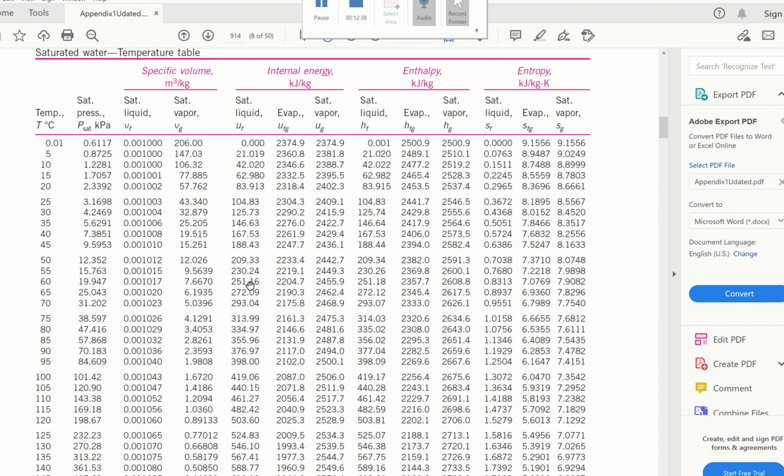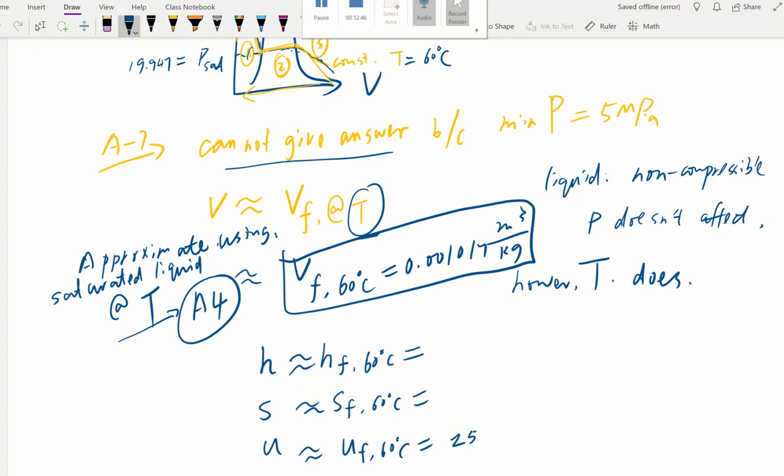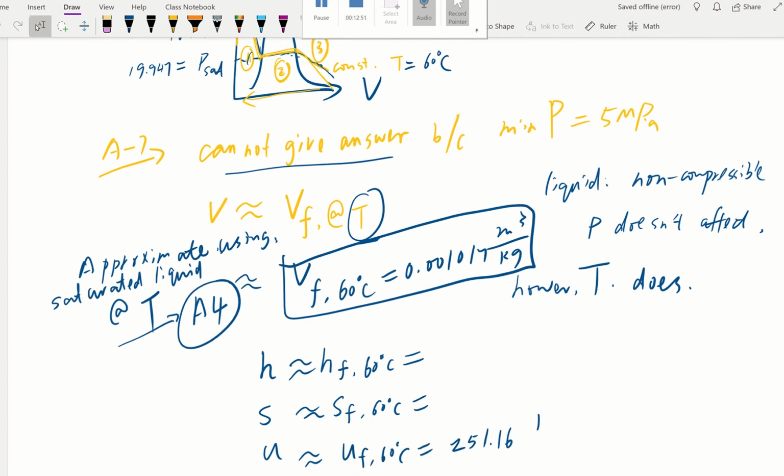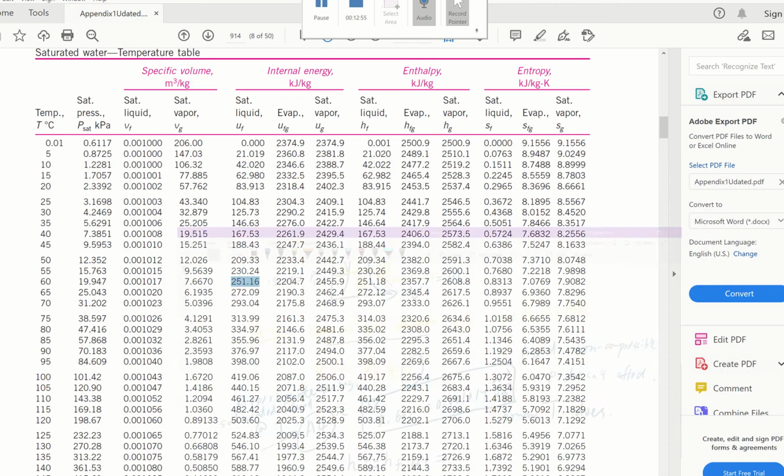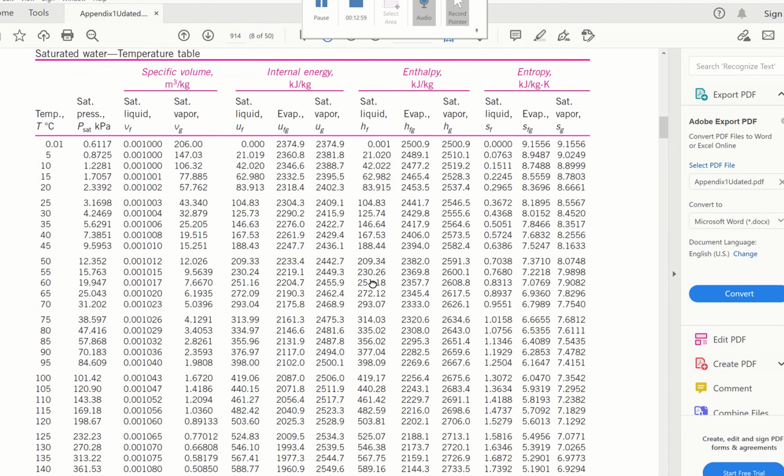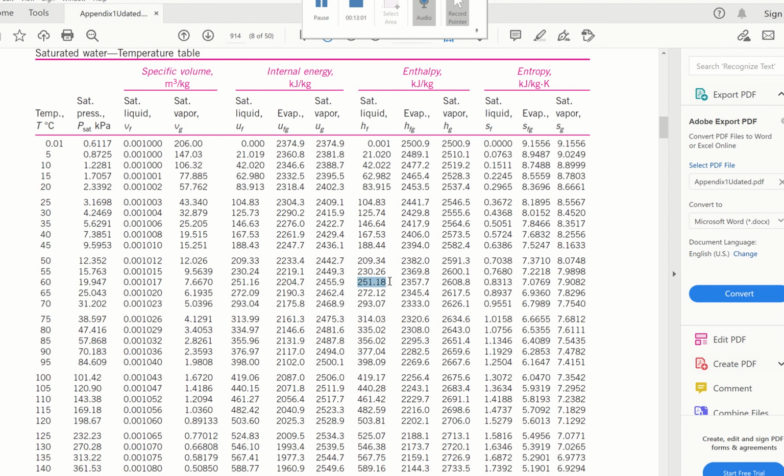Then our U is going to be 251.16. That's our Uf from the table, in kilojoule per kilogram. Our H is going to be this one, Hf, 251.18.